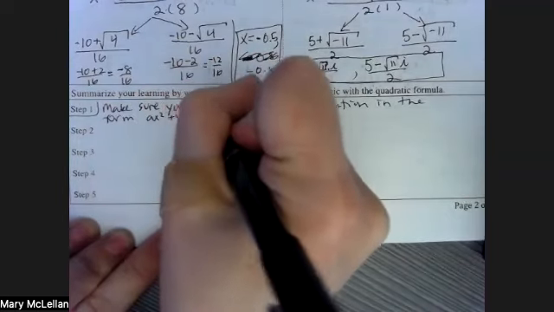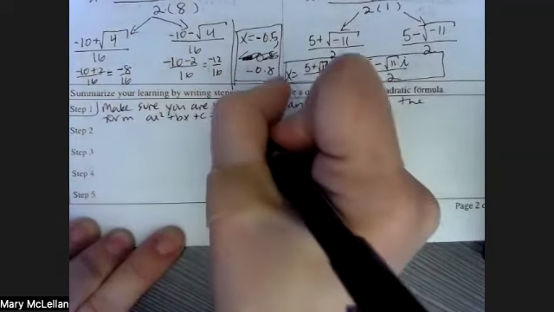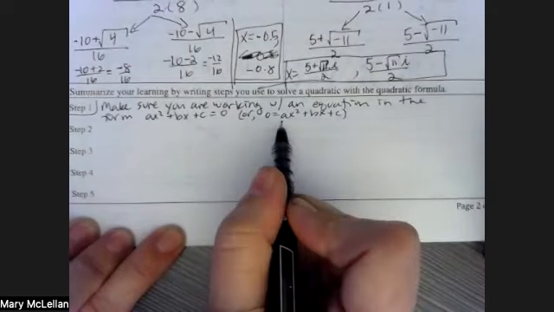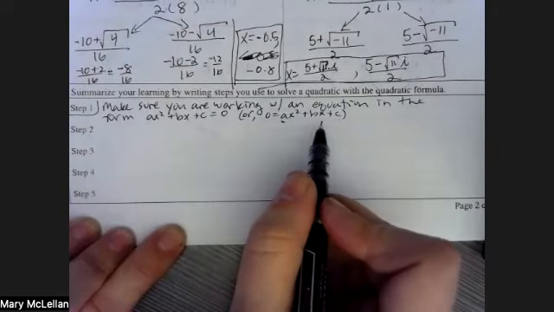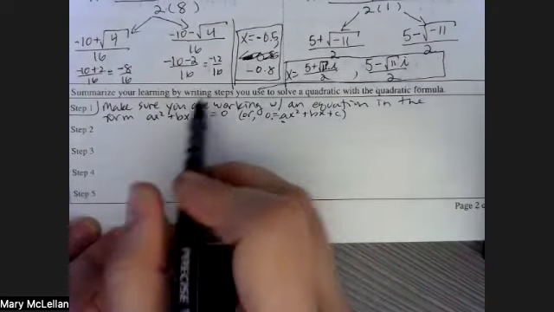In the form ax squared plus bx plus c is equal to 0, or 0 equals ax squared plus bx plus c. Either is fine. The point is that you need to have a standard form quadratic equals 0. These are symmetric and they're the same.